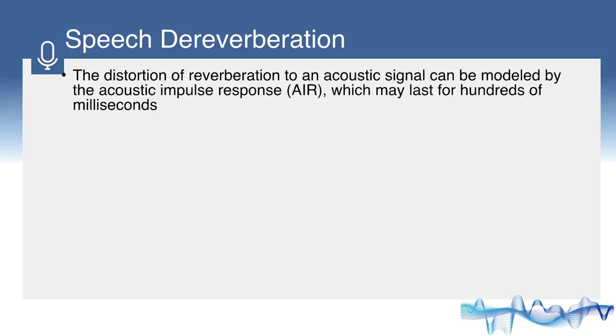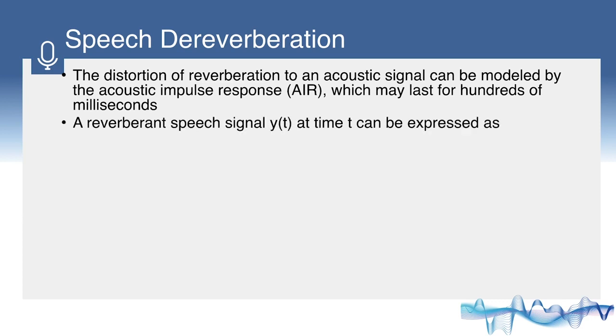The distortion of reverberation to an acoustic signal can be modeled by the acoustic impulse response, AIR, which may last for hundreds of milliseconds. A reverberant speech signal, y(t), at time t, can be expressed as the convolution of s(t) and h(t) plus the background noise.